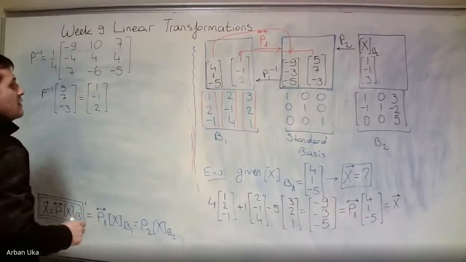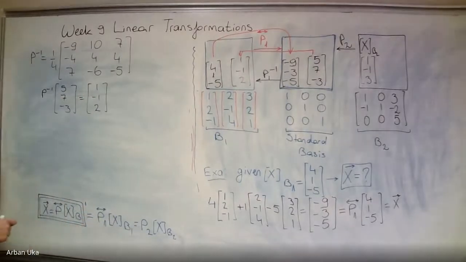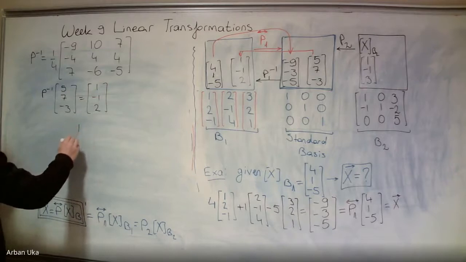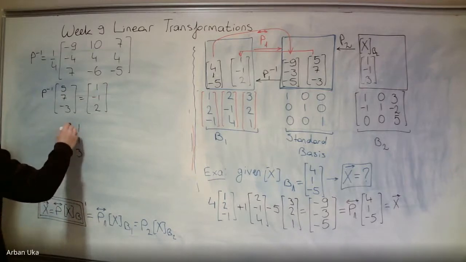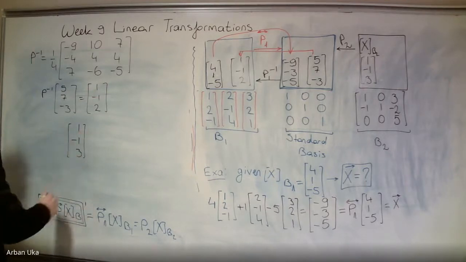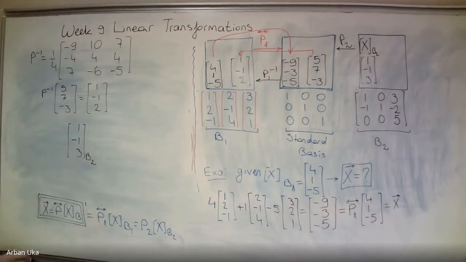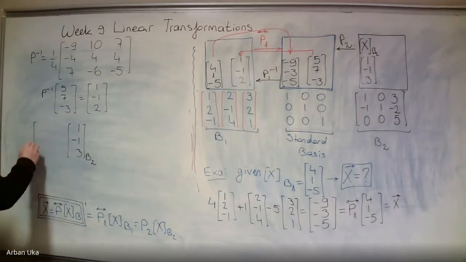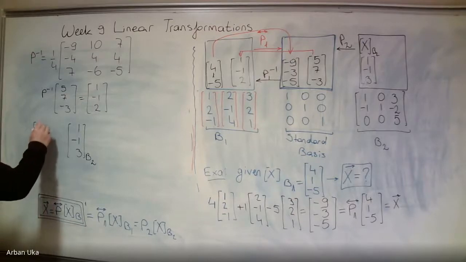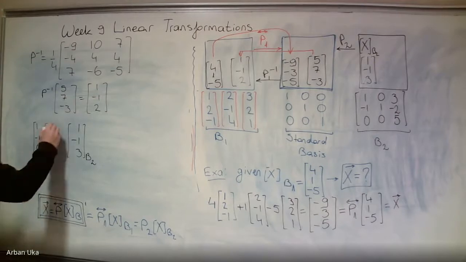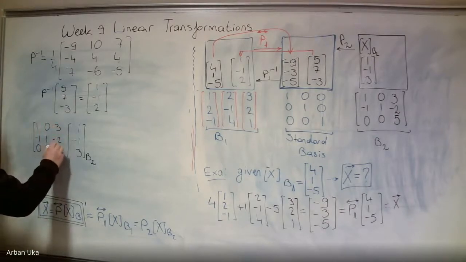Let's see how that one looks in the standard basis. We have here 1, -1, 3, and according to basis B2, we multiply it with the matrix which we have provided, which is composed of these vectors: (1, -1, 0), (0, 1, 0), and (3, -2, 5).